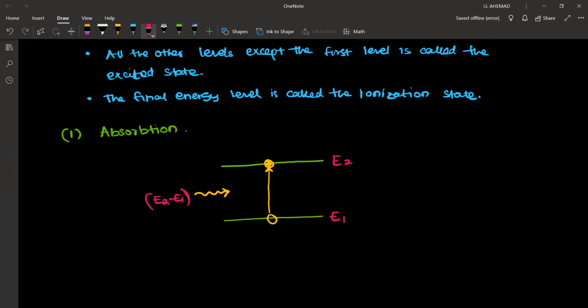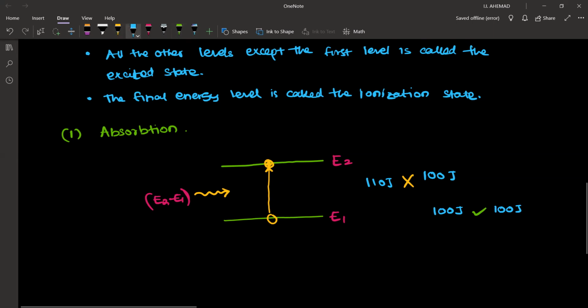Now let's say this gap has an energy difference of 100 joules, and I radiate using a photon of 110 joules. Then this electron doesn't get excited because it is not equal to this energy difference. If the energy difference is 100 joules and I provide 100 joules, then it will get excited.